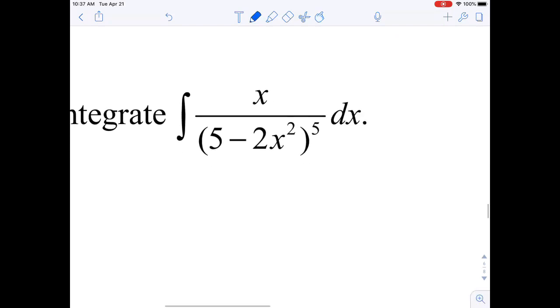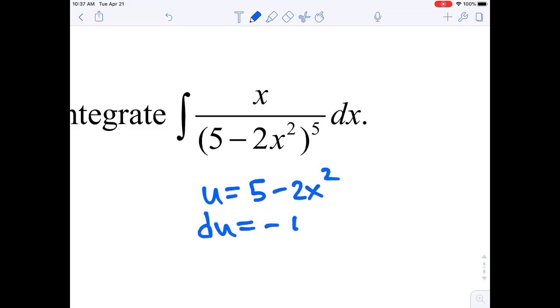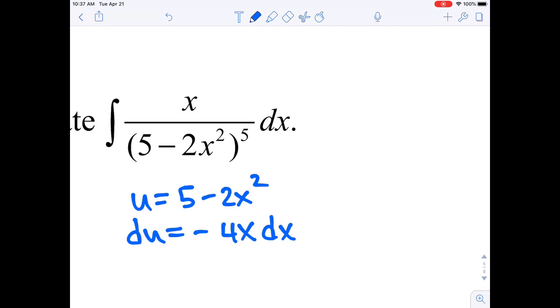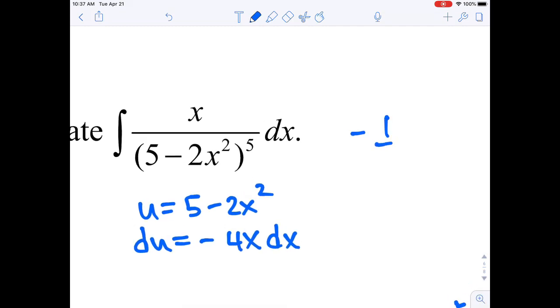Next example. Let u equal the denominator. So now I have a negative 4. So this is going to be negative 1/4, and I'm going to make that a negative exponent, u to the negative fifth.